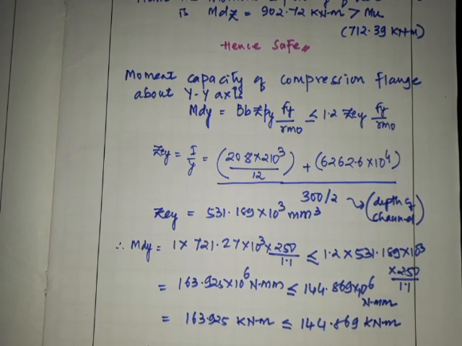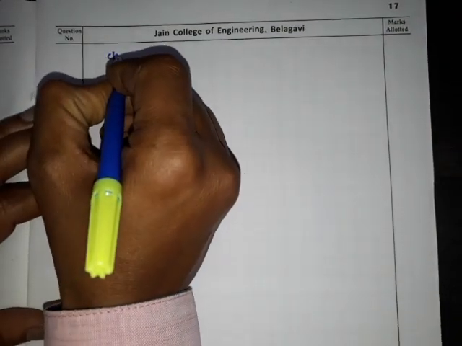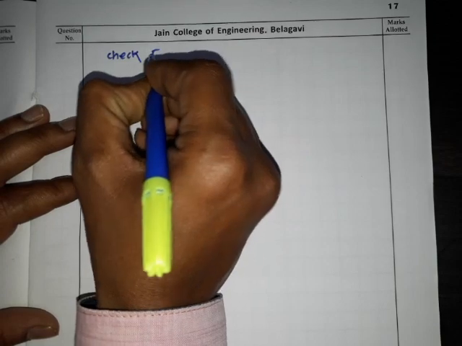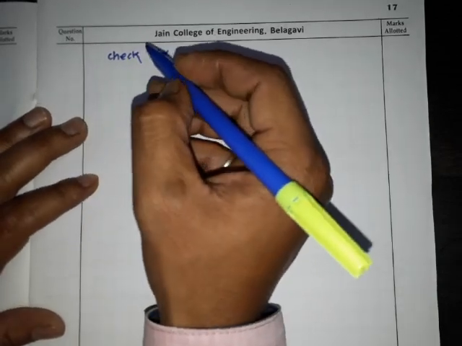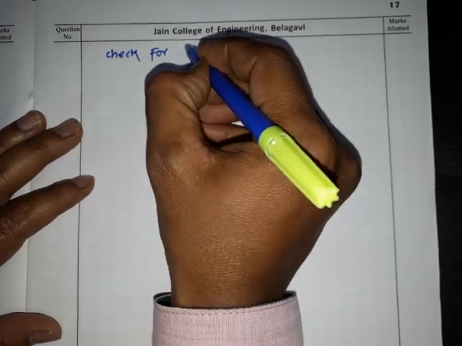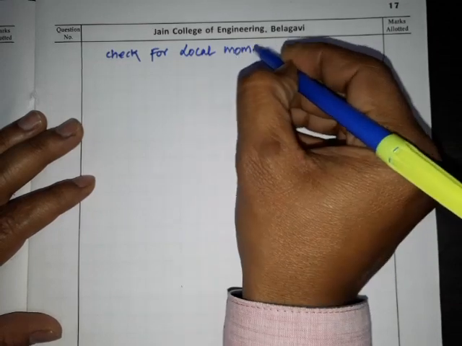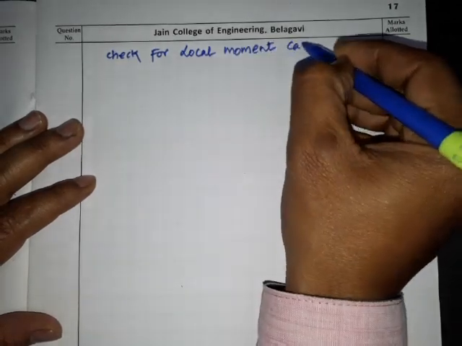Then after we have to check for the combined moment. Next is check for local moment capacity.